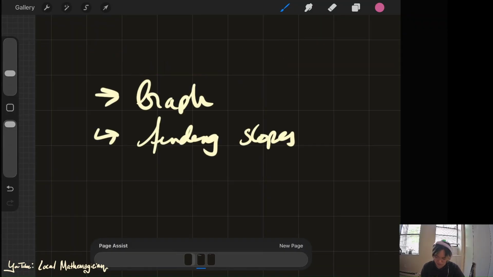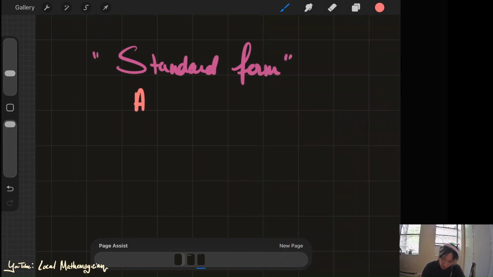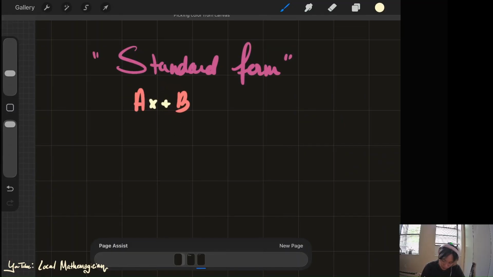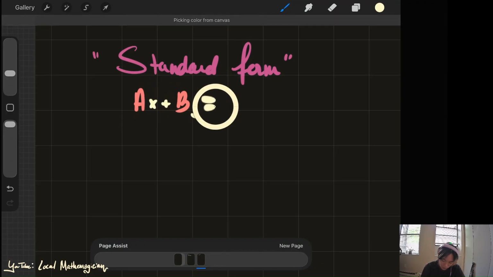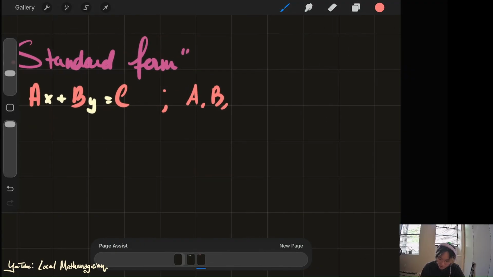Your line will be of some form ax plus by is equal to c, where a, b, and c are real numbers.